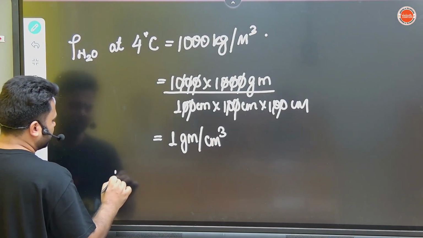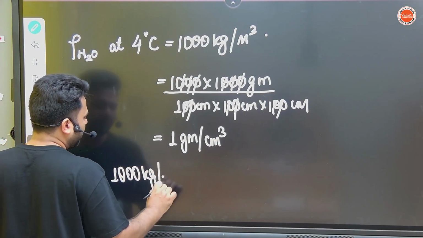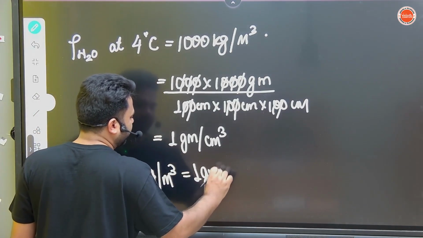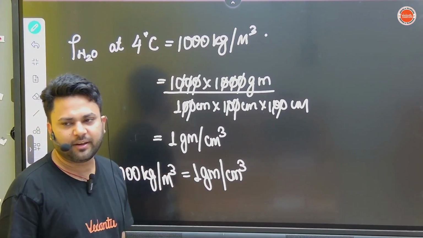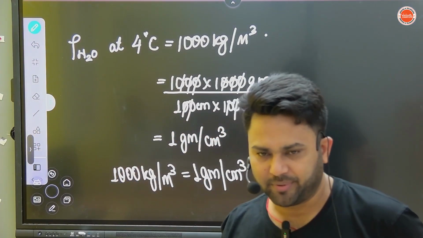Means 1000 kg per meter cube equals 1 gram per centimeter cube. So the density of water can be written as 1 gram per cc. Cc means centimeter cube. Correct?